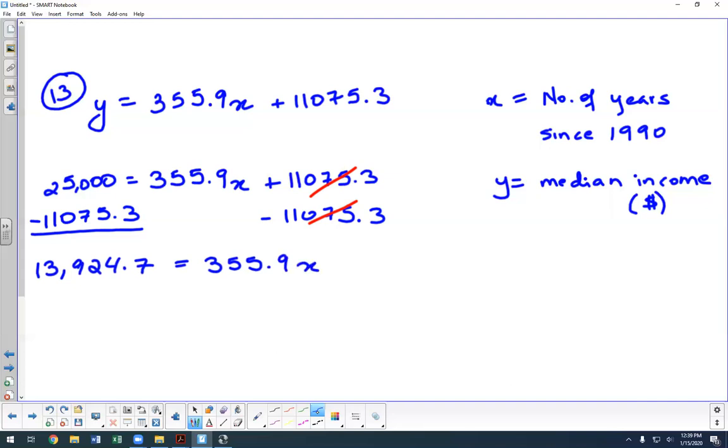And now to get x by itself, since we're multiplying by 355.9, we divide both sides. That leaves us with x on the right-hand side, and then whatever this answer comes out to be.